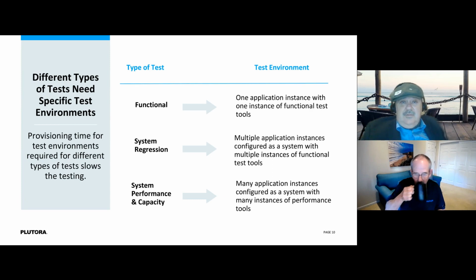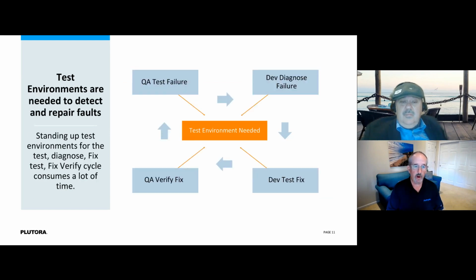Small functional test environments are required for every developer. System testing requires fewer environments but more extensive environments. Performance and capacity testing may need massive test environments for some short time in order to validate the performance of an entire system. Yeah, and of course they're required because that's where the repairs are detected and dealt with.